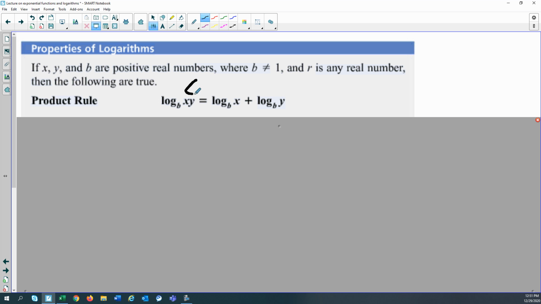So again, this can go either direction. Sometimes you're going to take a log and break it apart, and this will be more useful to you. And other times you're going to have it broken apart and you want to condense it. So this is called the product rule. When you're adding two logarithms that have the same base, you can condense it to be the product inside.